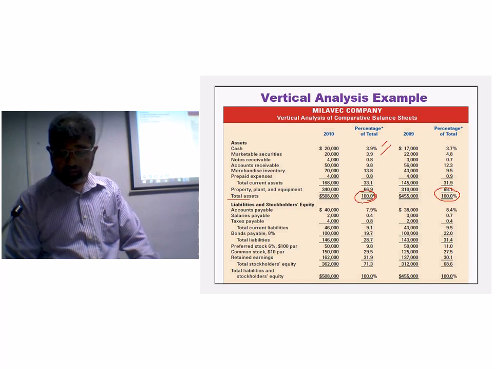Here also approximately equal. Here you can see some difference in account receivables. Then merchandise inventory, and if you go to liabilities and stockholders' equity, we can see the same type of percentages. Now if we have a big difference, then you can identify it.